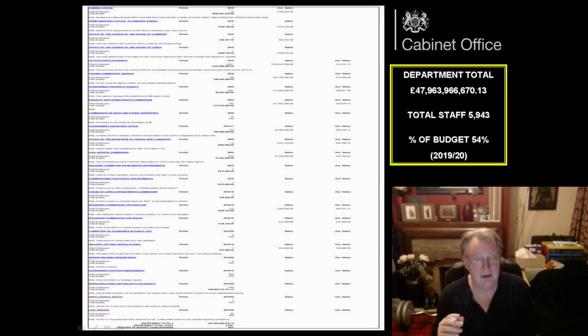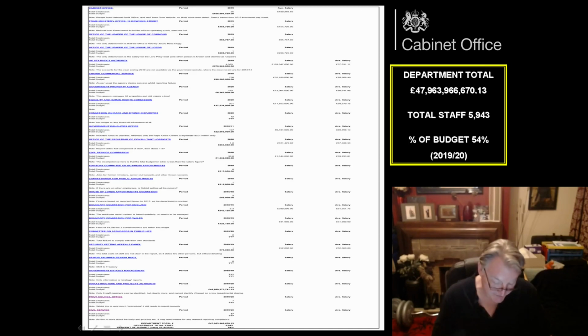So the spreadsheet that you won't be able to see. This is what the Cabinet Office looks like once that investigation is complete. So as you can see, 47 billion. That's a large number, causes a problem.